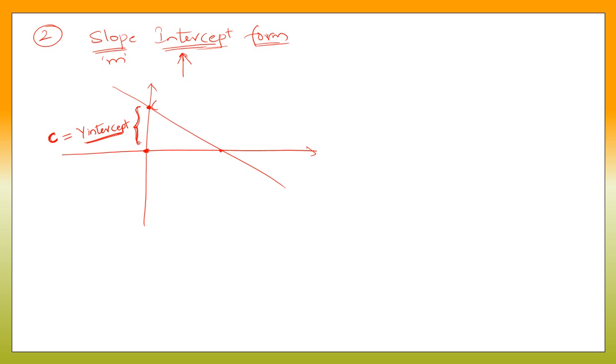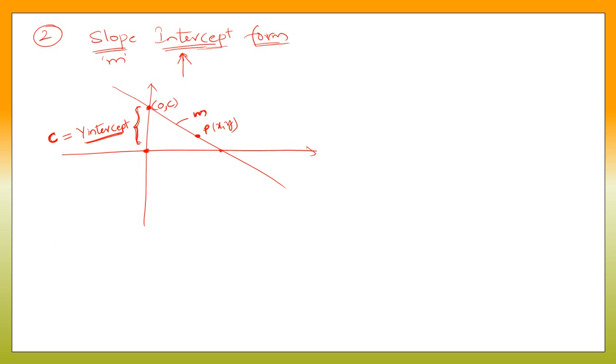That means this point is (0, c), because on the y axis the x coordinate is 0. Now this line has slope m, and let us consider a point P (x, y) on the locus of this straight line.